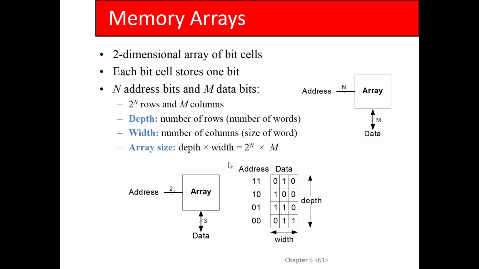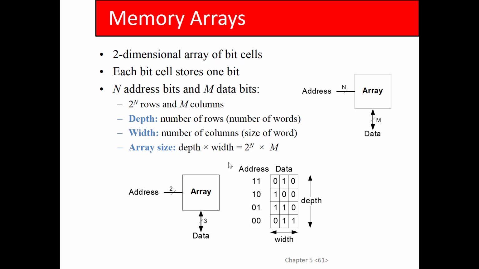Now, whenever you refer to any type of memory, you generally refer to it as the depth, and then by x, and then the width. So you'll see this a lot, like if you look at part numbers on actual memory chips or memory modules. The depth refers to the number of addressable entries in the memory, the number of rows. Think of it like depth is rows and width is the columns.